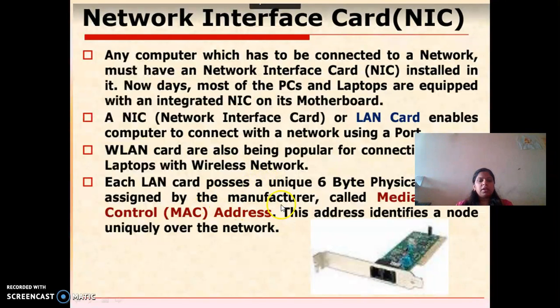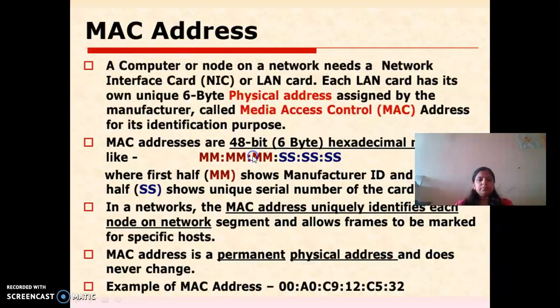It is assigned by the manufacturer himself and it is also known as a LAN card, with ports through which the LAN cable is connected to the network. Nowadays most PCs and laptops are equipped with integrated cards, also known as LAN cards. And WLAN is also popular because we are now using wireless networks also. WLAN stands for wireless card.